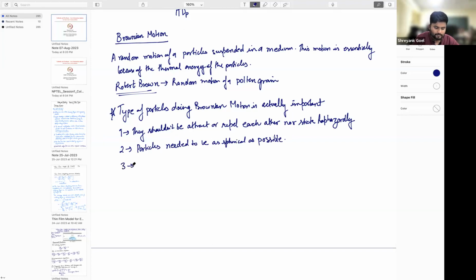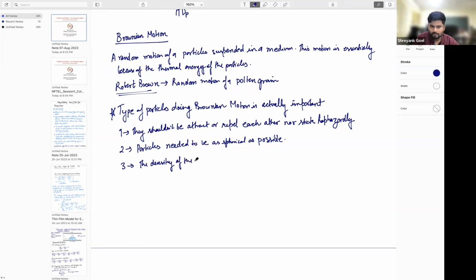Thirdly, the density of the particle should be such that they neither sink nor float. It should be equivalent to that of the dispersion media.